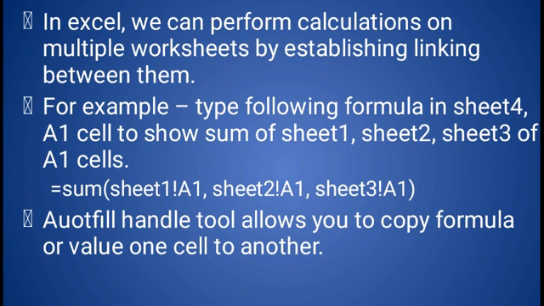It will sum all the A1 cells of the different sheets, and finally we will see the output on Sheet4. Here a new thing is the autofill handle. This is the black plus sign. In Excel we have a cell pointer, and at the rightmost corner, when we bring our mouse pointer, it converts into the autofill handle.